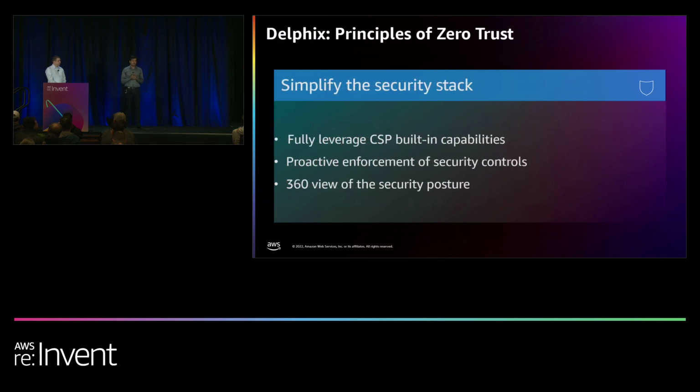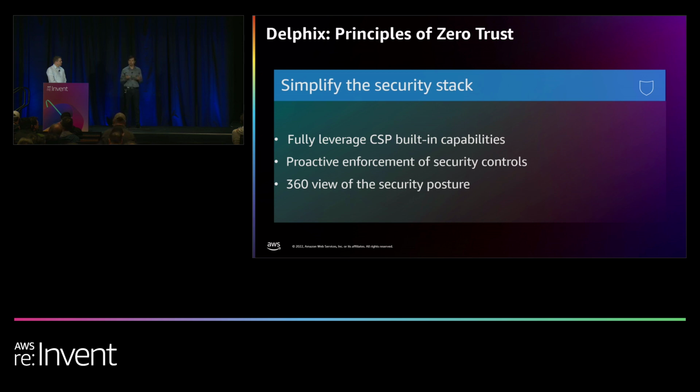And the last key principle here is simplify the security stack. As we are going through this journey, our goal was to keep it simple, reduce management overhead, and have a high signal-to-noise ratio. Key native security services that we leveraged are AWS WAF for application firewall, Shield for DDoS protection, GuardDuty for threat detection, Cognito for tenants identity management, CloudWatch for observability and monitoring, Secrets Manager for managing credentials.